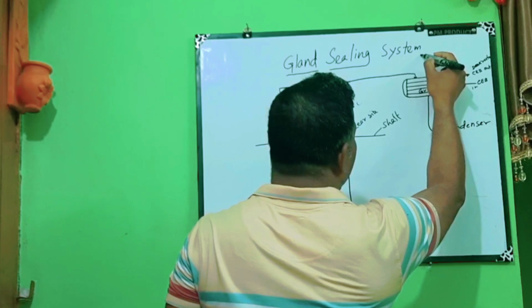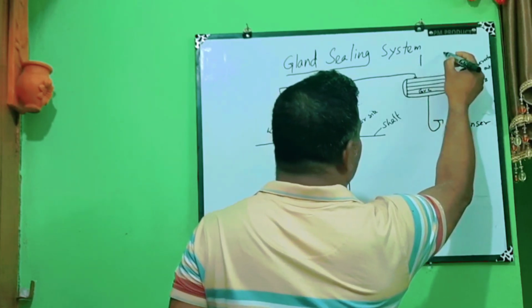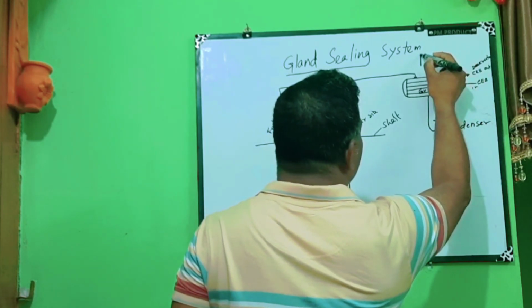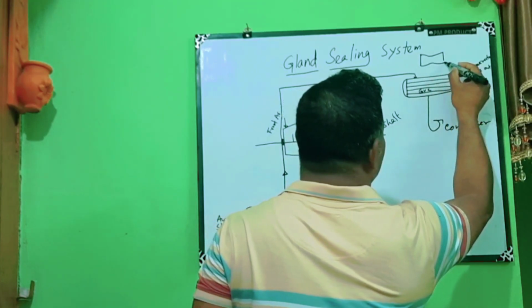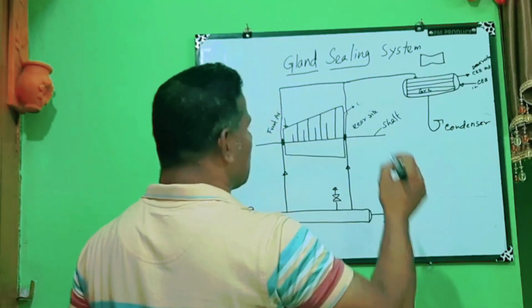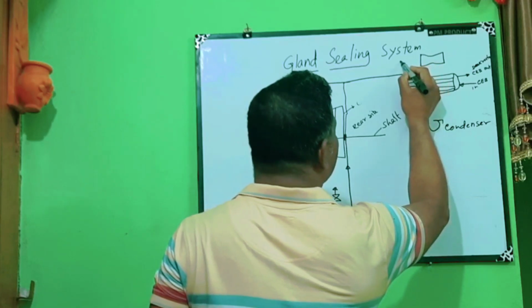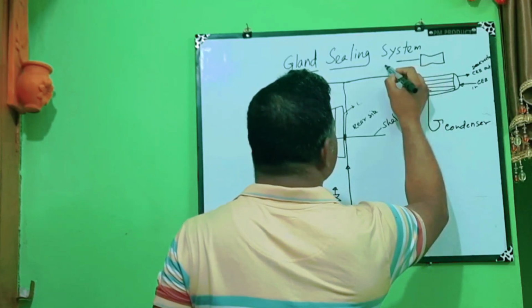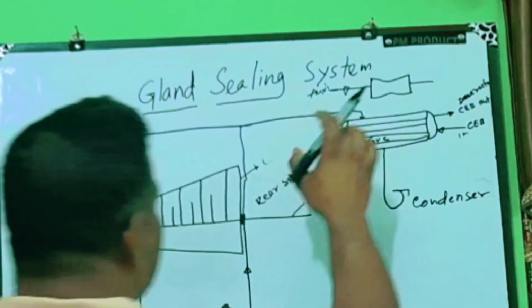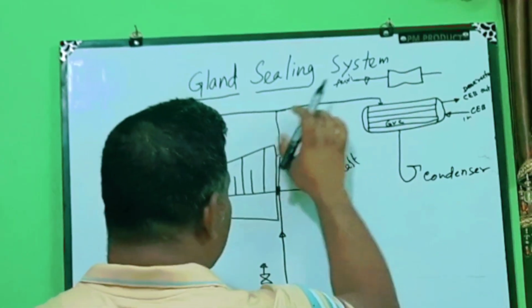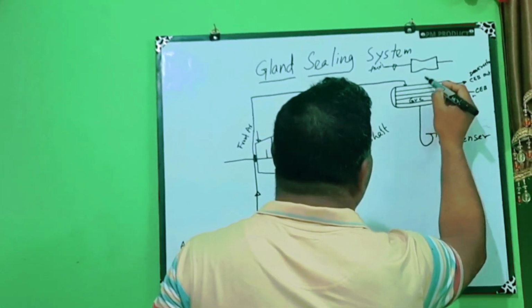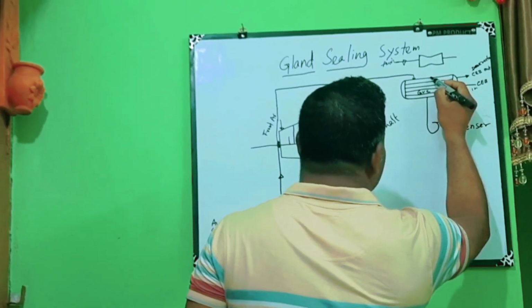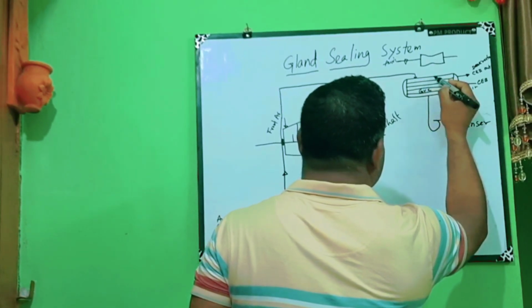So you can think this is the ejector. On this ejector auxiliary steam is also provided. Auxiliary steam will come to the ejector, and it will take the unconverted gas from the gland steam condenser. This is the gland steam condenser sealing steam coming.